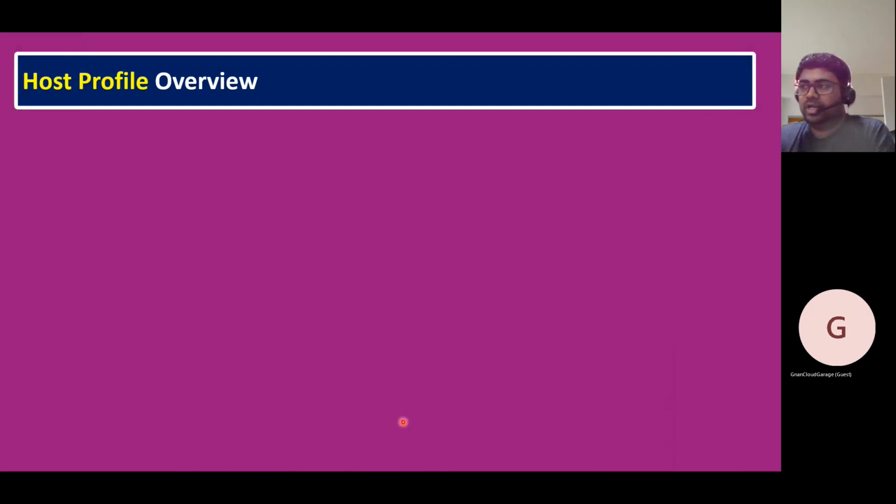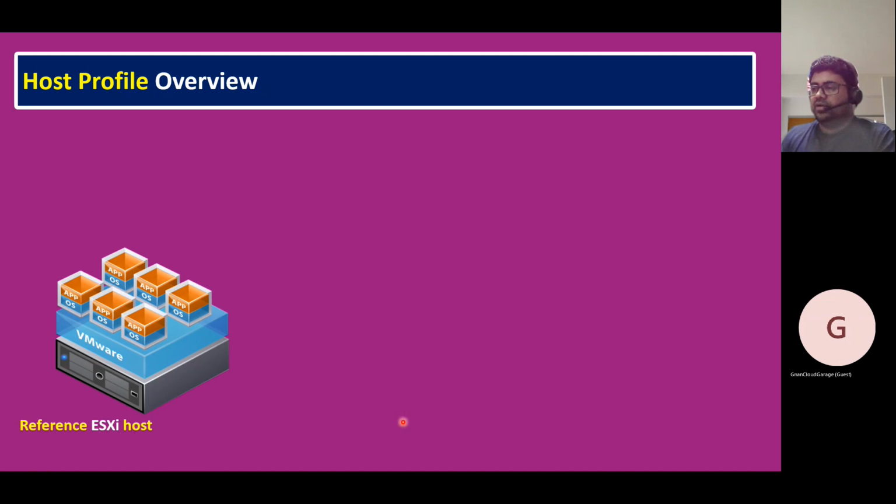Now let me give you a brief overview of the host profile. For easy understanding, I'm taking one ESXi host. This is considered the reference ESXi host, or the master node, the first configured ESXi box.